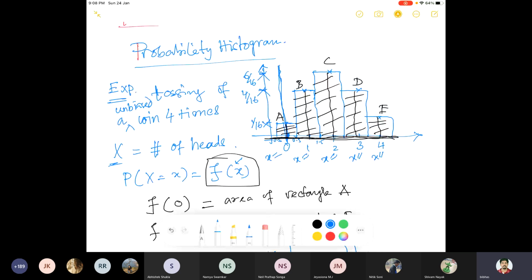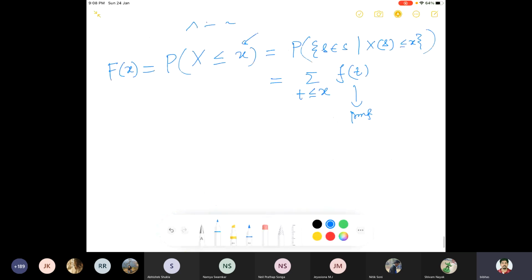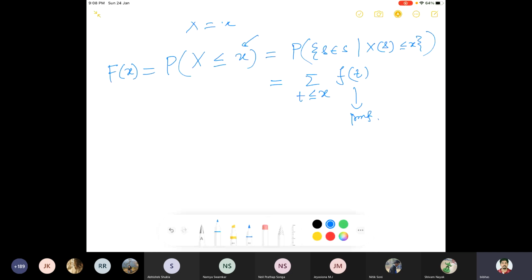This is also very important, and this is called cumulative. Why cumulative? Because we are adding up, taking the sum of all the probabilities.